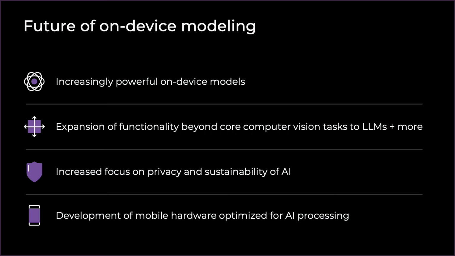This means that consumers are going to be more concerned about their carbon footprint, as well as the security of their personal information when it comes to interacting with AI. As a result, I believe that we will see hardware optimized for this use case. So, more sophisticated chips that exist on your phone that are able to handle these sorts of tasks.